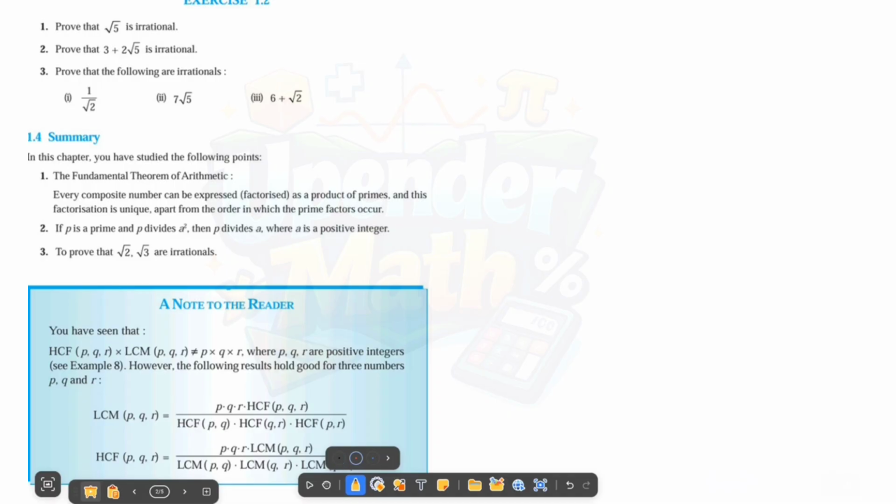Next question is, prove that 7 root 5 is an irrational number. So we have to prove it the same way.